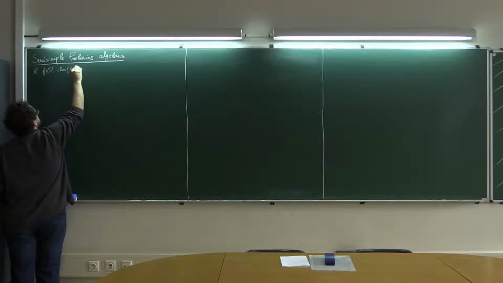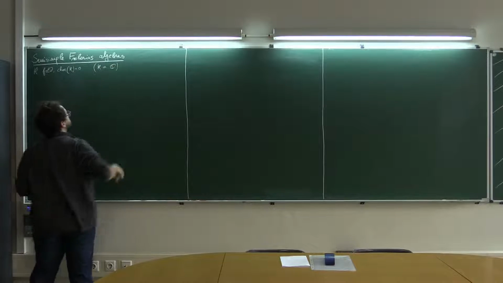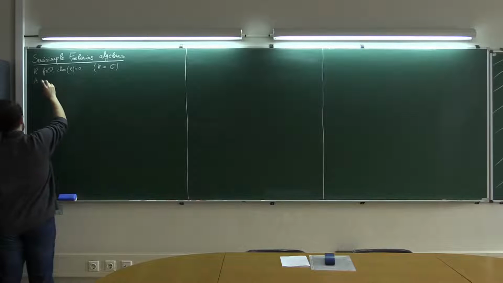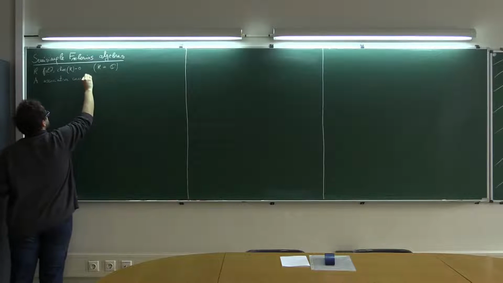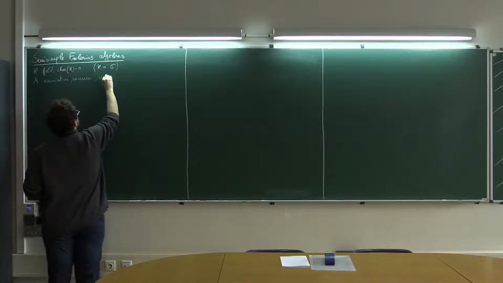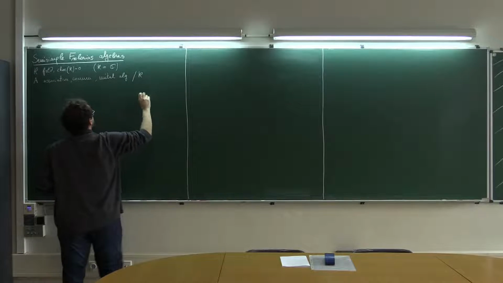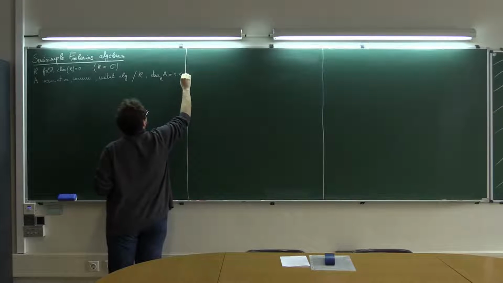It's not necessary, but remember also that actually the case in which we will be mainly interested is K equals C. And in what follows, as usual, I consider an algebra A, which is associative, commutative, unital, an algebra over K, and furthermore, I also assume that such an algebra is of finite dimension over K.